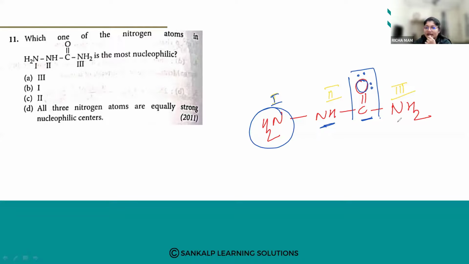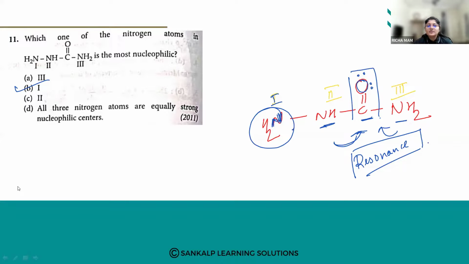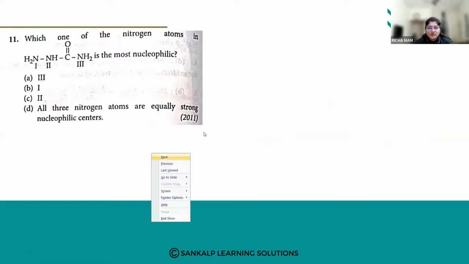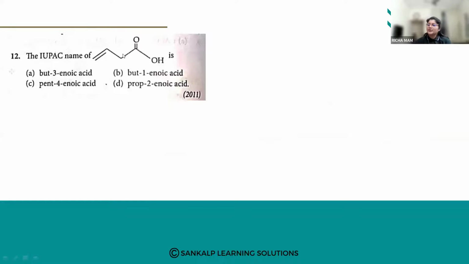The remaining nitrogens are nearer to this carbonyl carbon, so they will easily undergo resonance with it. Because this first nitrogen is far away from the carbonyl carbon, it is the most nucleophilic, while the other two, second and third, are nearer to the carbonyl carbon and may undergo resonance.